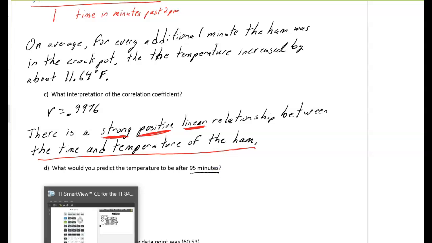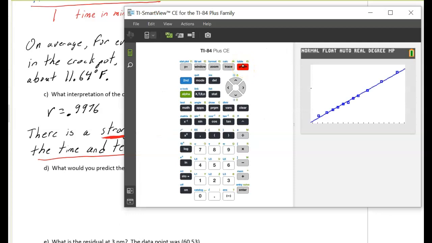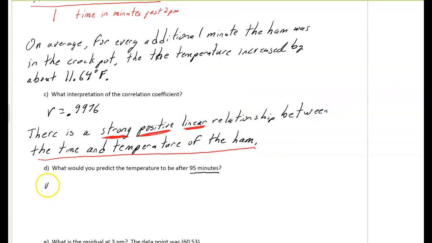One way is to use the calculator: we hit graph, press trace, the cursor is flashing on the dots, we press the up arrow key and type in 95. When you type in 95, you get 79.61 degrees approximately.